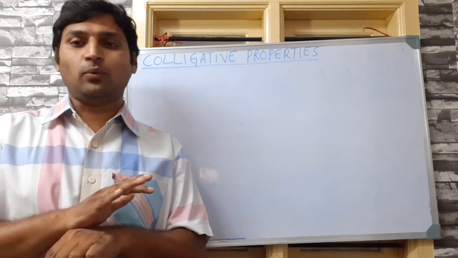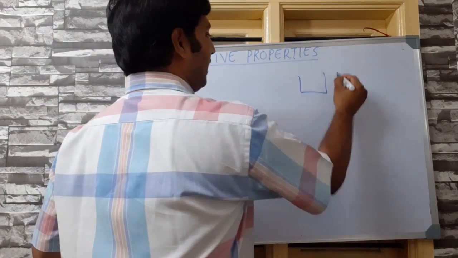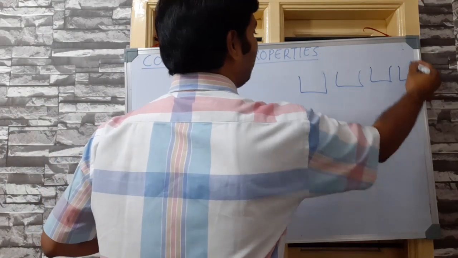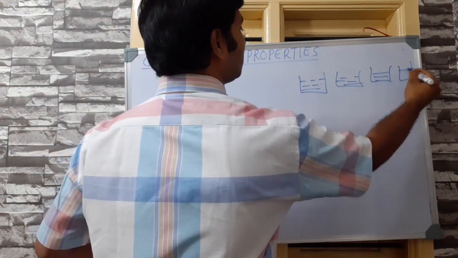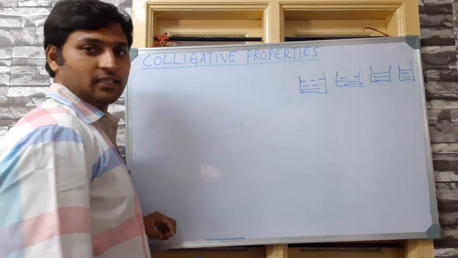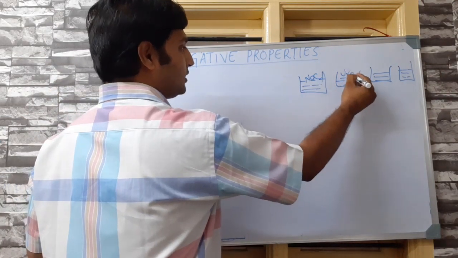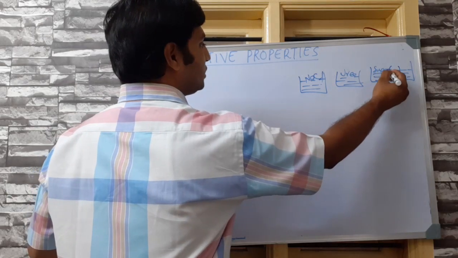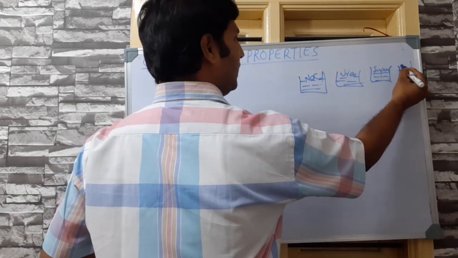Let the subject be very clear in the first place. Now, say I have got 4 different samples of solutions in which different non-volatile solids are present. Say one contains sodium chloride dissolved in it, one contains urea, one contains sugar, and one contains some other non-volatile solid, say glucose.